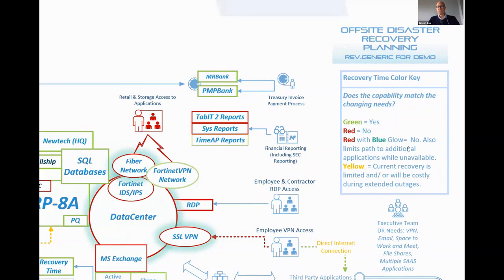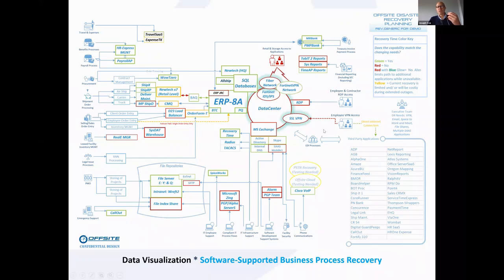I kind of like these views of the data because it also shows items that would limit other applications from being able to be recovered quickly. And that's one of the things that a lot of companies, when that business impact analysis is going on, that comes out. You can't have underlying or relied upon technologies not available, but just because obviously your servers and systems are running in another location, if your employees can't get to them or get to them with the effective speed they need, you're going to run into problems anyway.